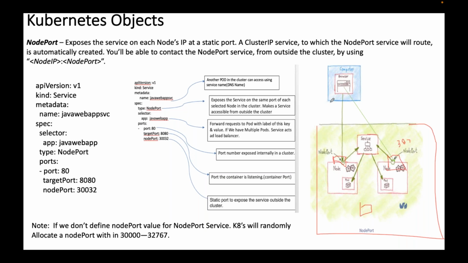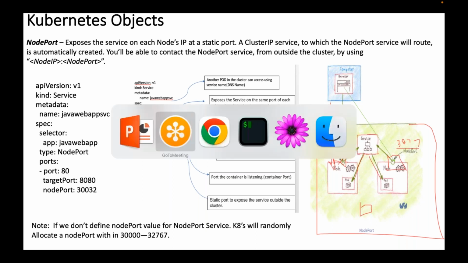The request first goes to that node, where port 30,077 is listening, kind of a host port. Then internally, will it route the traffic to that cluster IP you are not accessing? That node port routes the traffic to the cluster IP, and the cluster IP routes the traffic to your pod IPs.